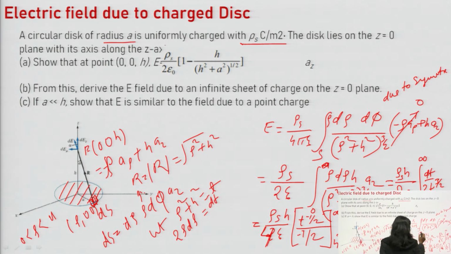As this is varying from 0 to a, here t will vary from h square.